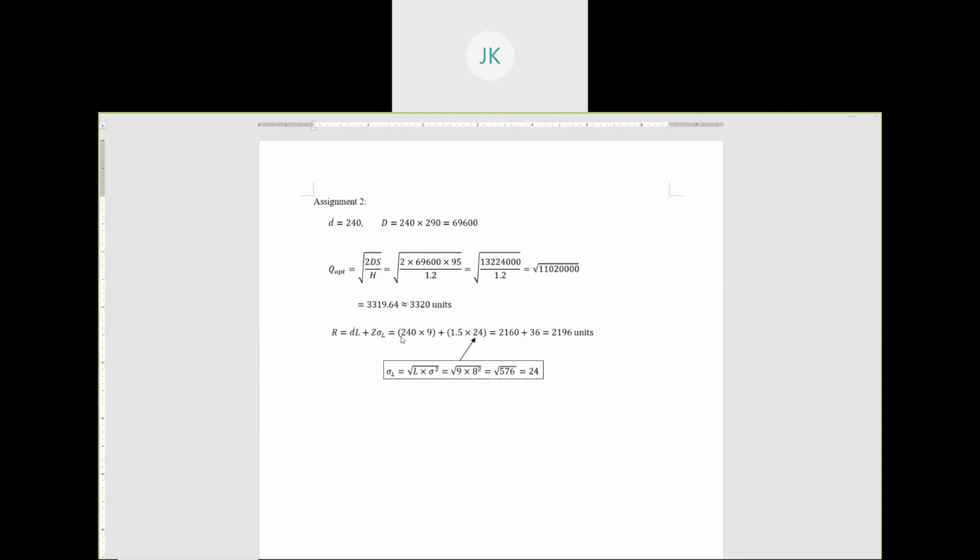And daily demand is 240, given, times 9 lead time, plus z-score.